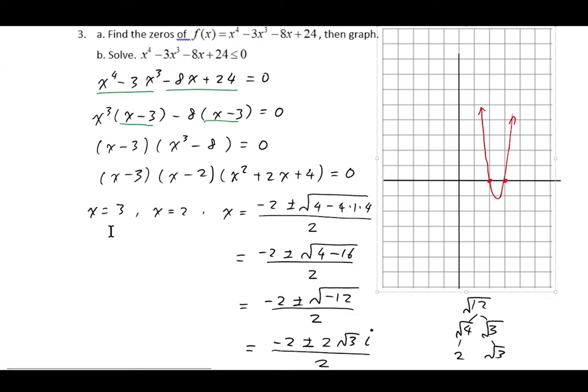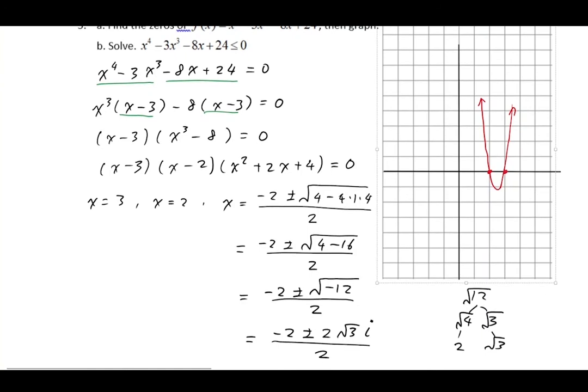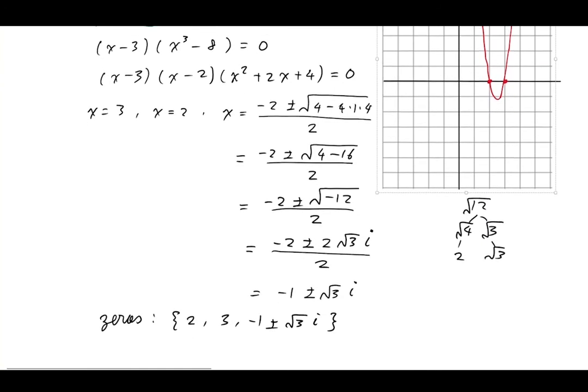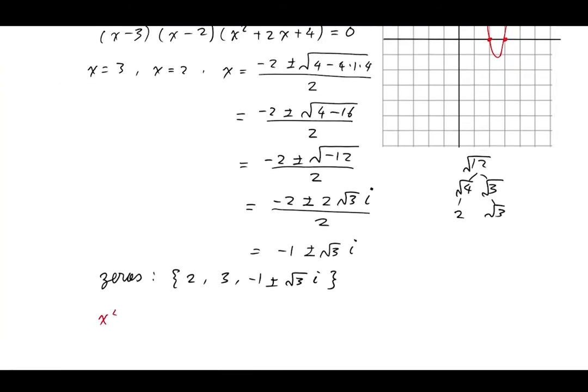Okay, but we can nevertheless solve this inequality. So that inequality happens to be, let's write it here, x to the fourth power minus 3x cubed minus 8x plus 24 needs to be less than or equal to 0.